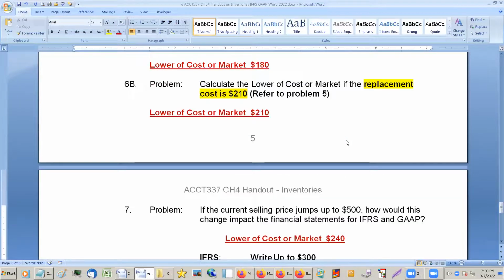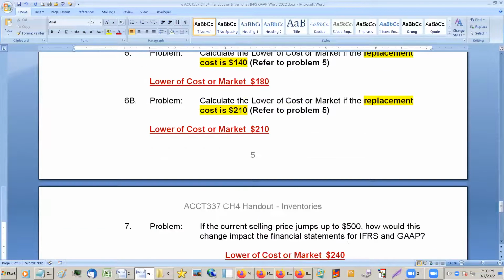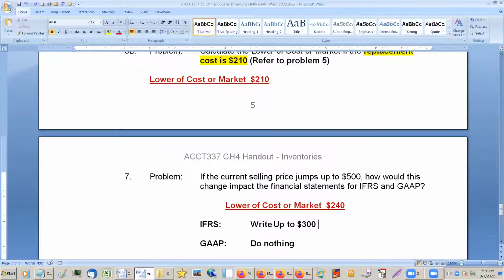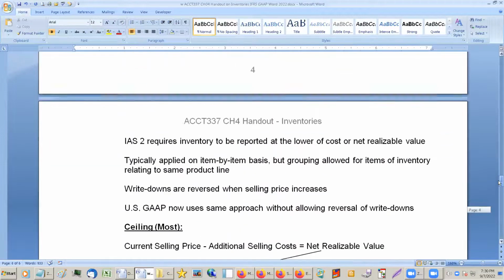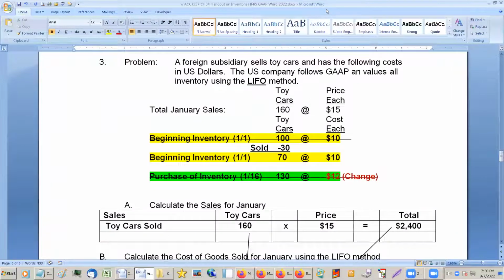So IFRS allows for recovery. GAAP does not. And it kind of comes back to, for GAAP, especially when it comes to inventory, they don't like people showing profit on inventory they haven't sold.